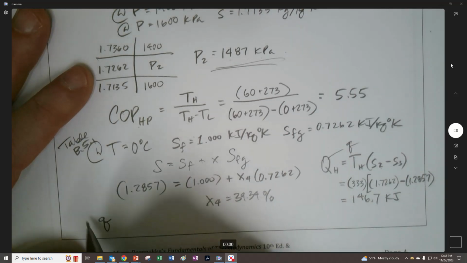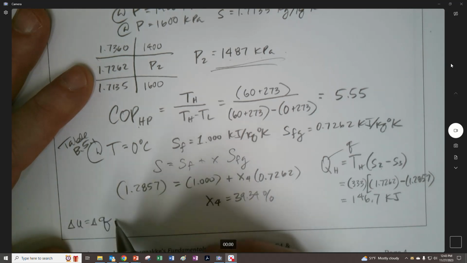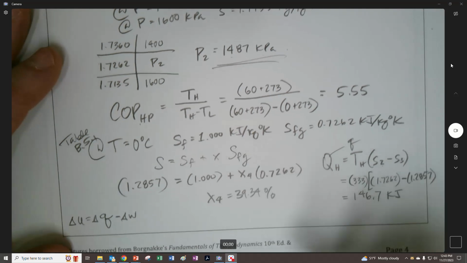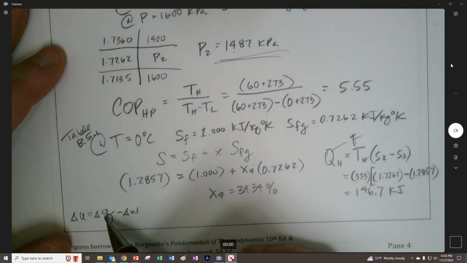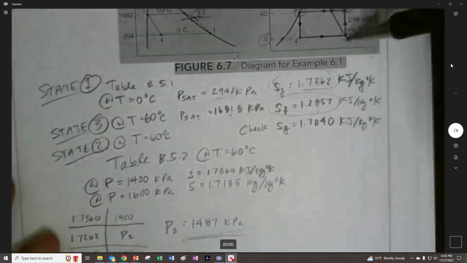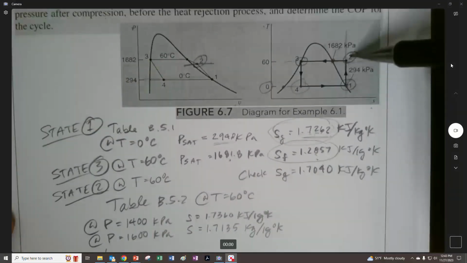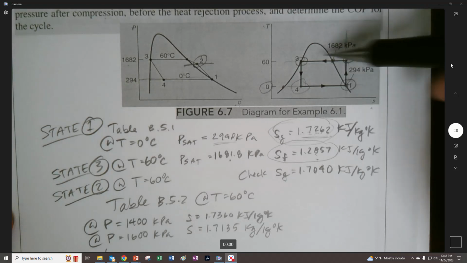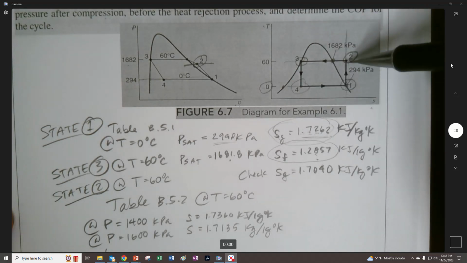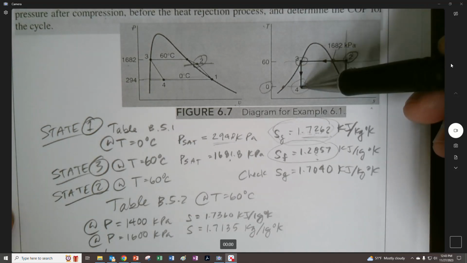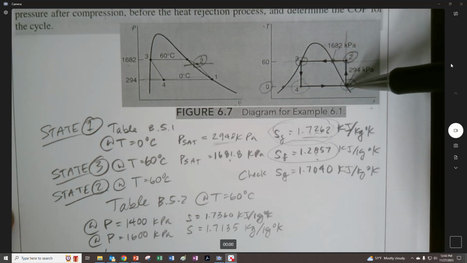Remember that delta U is going to be equal to delta Q minus delta W. And we have isentropic processes that take place during this portion right here. But we need the net work that's taking place right here. So we have to find out what all these Q's and W's are going to be.